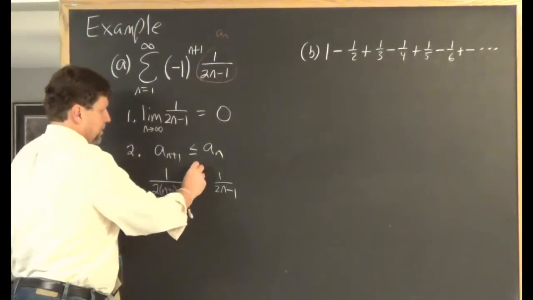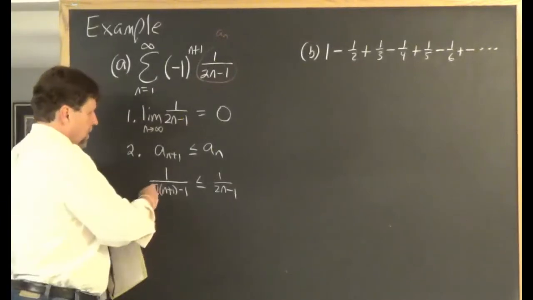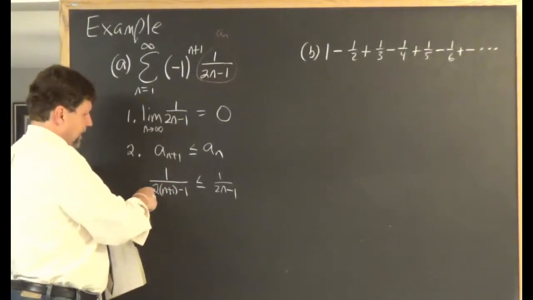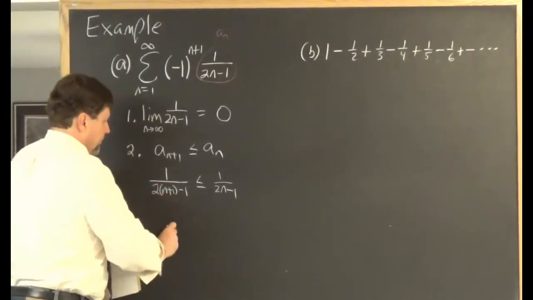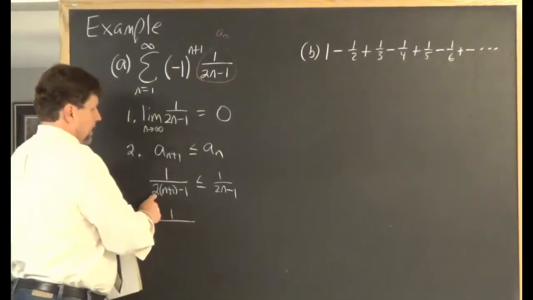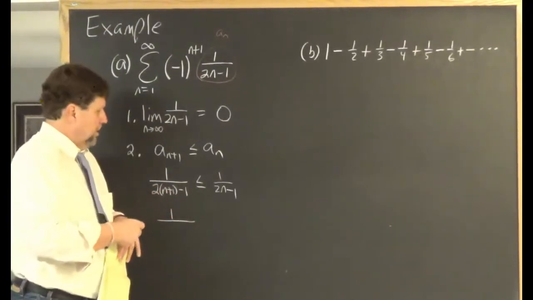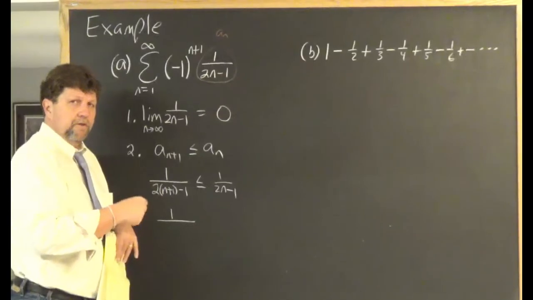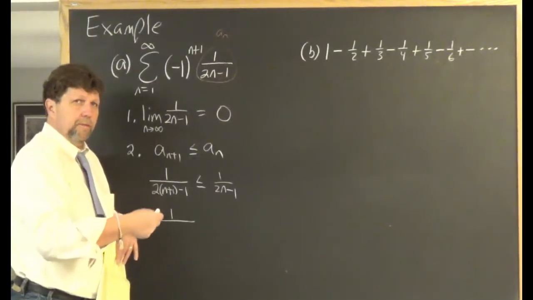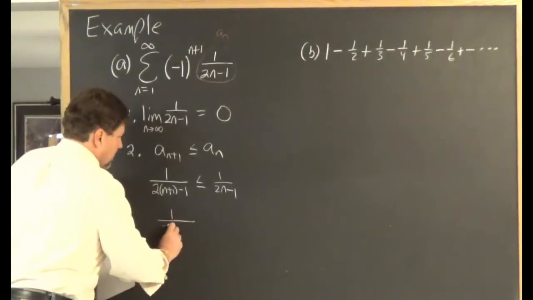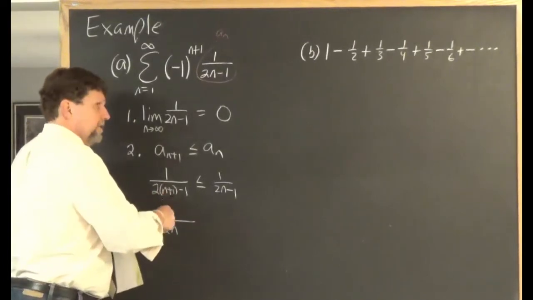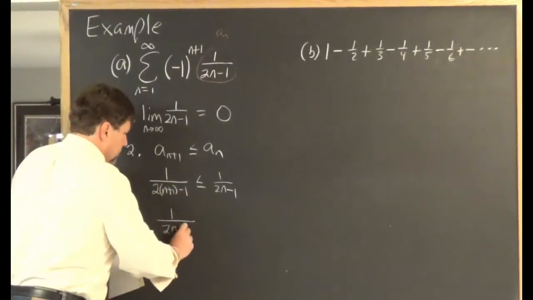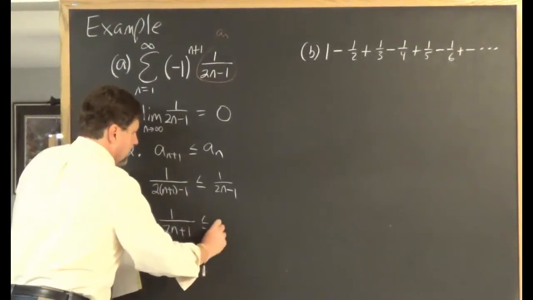Maybe I should put a question mark there. Is that true? Let's clean up this denominator. Distribute the 2, so you'd have 1 over 2n plus 2 minus 1. That's 2n plus 2 minus 1, which is 2n plus 1.